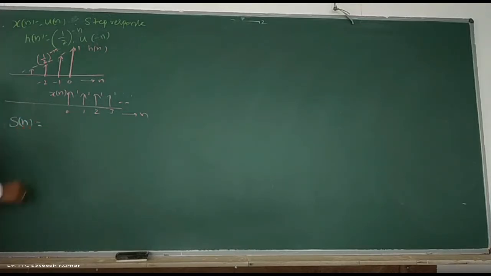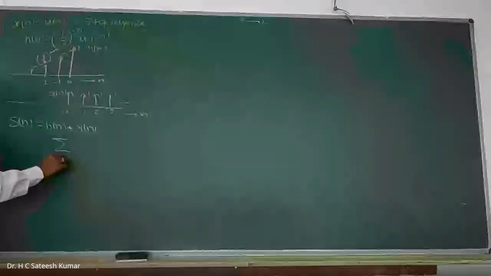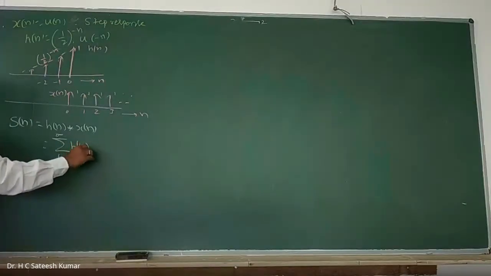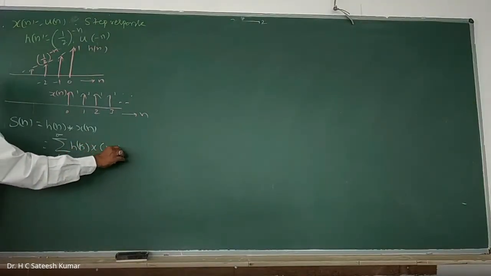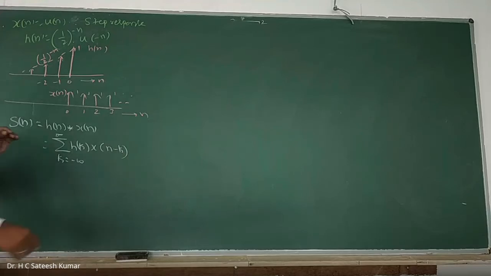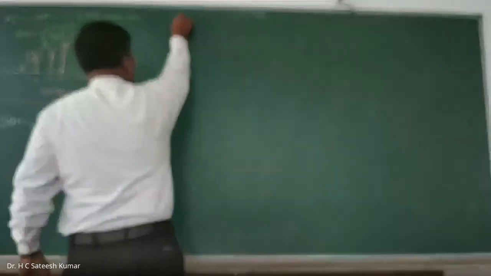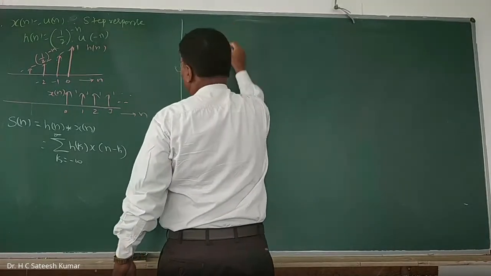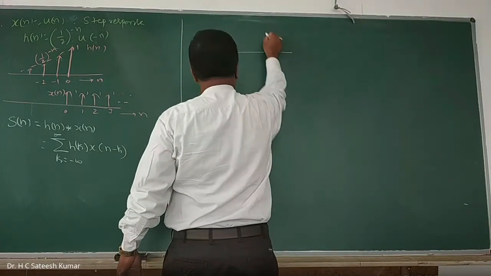S of n is equal to the convolution. So you want to shift this one, use it as the second one. Therefore, S of n is summation k ranges from minus infinity to plus infinity, h of k into x of n minus k. h of k is the same thing with n replaced by k.